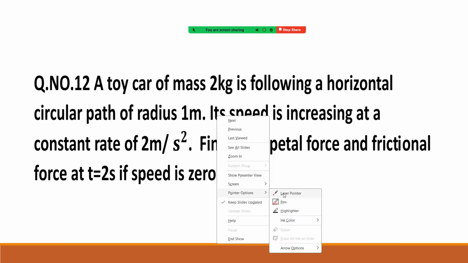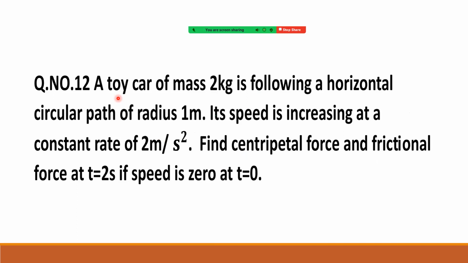See the question carefully. A toy car of mass 2 kg is following a horizontal circular path of radius 1 meter. Its speed is increasing at a constant rate of 2 meter per second square. Its meaning is every second its speed will increase by 2 meter per second.